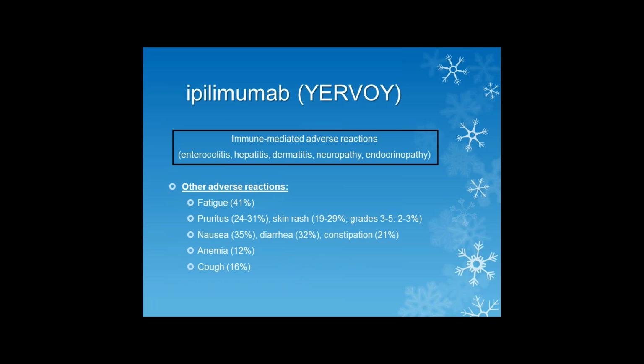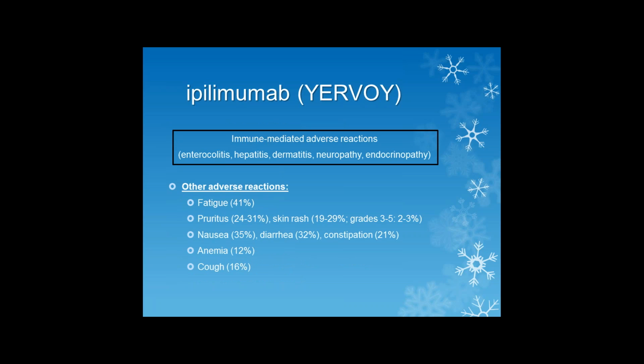So the big black box warning about these immune-mediated adverse reactions, again, these can occur in any organ system. I think the one that I most commonly hear about is the GI area. That's probably the most common, but they have had reports in all of these different areas. So they generally occur during treatment, but have been reported for weeks to months after treatment has been stopped.